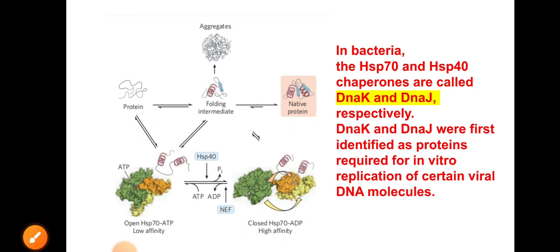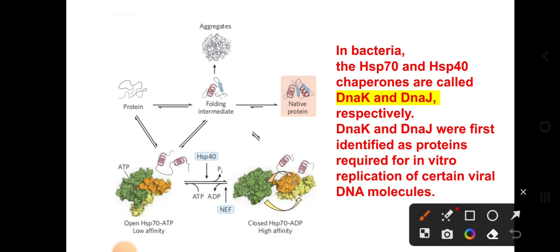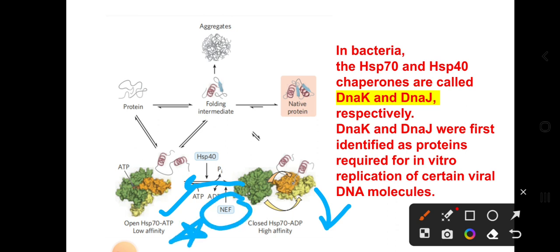Once that stress has gone away, it can convert again into HSP70-ATP, and your protein gets released. How? Here the function of NEF is important, that is the nucleotide exchange factor. Whenever we give ATP to something in exchange for ADP, we require certain nucleotide exchange factors.